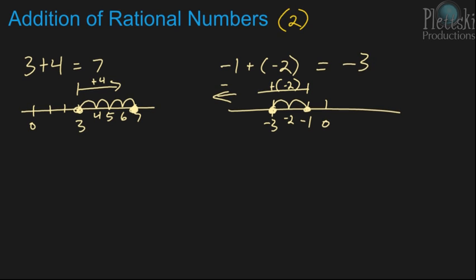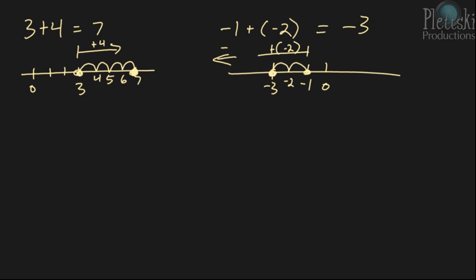Now the tricky part is when you're adding a positive and a negative. So let's say you have 3 plus a -1. If you remember what an absolute value is, the distance away from 0, which of these two numbers is farther away from 0? If we were to plot both of those on a number line, well, -1 would be about there, and 3 would be about there.